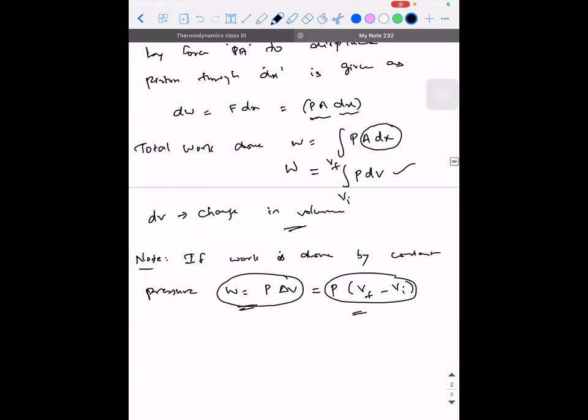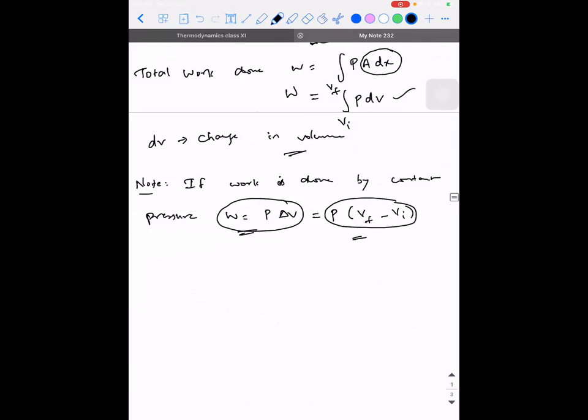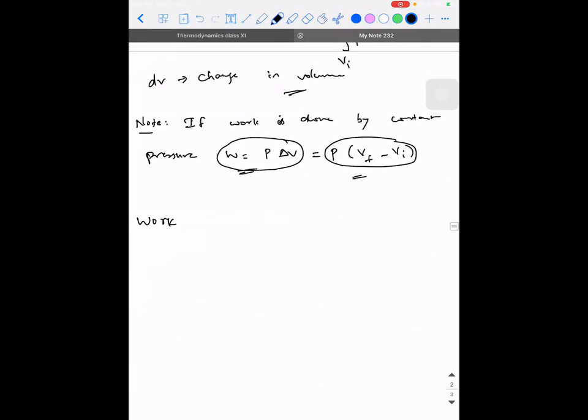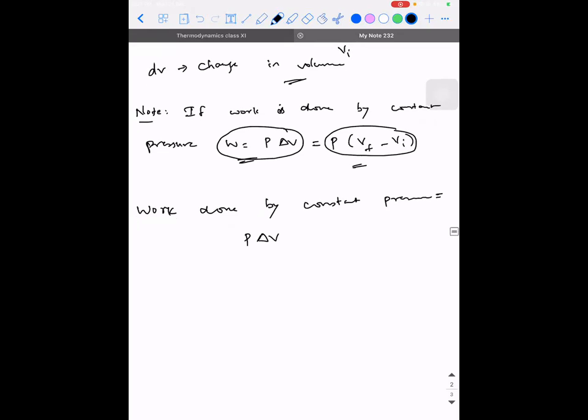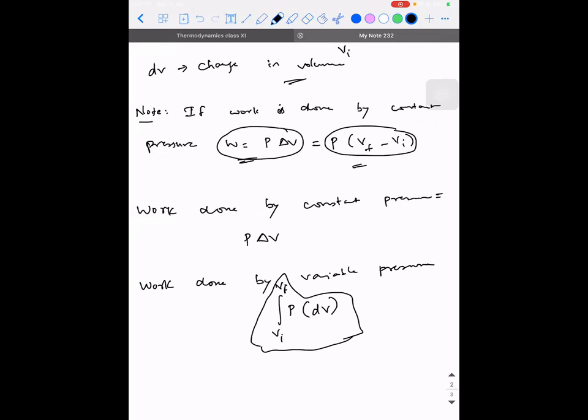If the work is done by constant pressure, then the work done will be P into delta V. Whereas if the work is done by variable pressure, then it is given by the integral of P dV, where V varies from V initial to V final. These are the two mathematical expressions for work done that we are going to use to solve the problems.